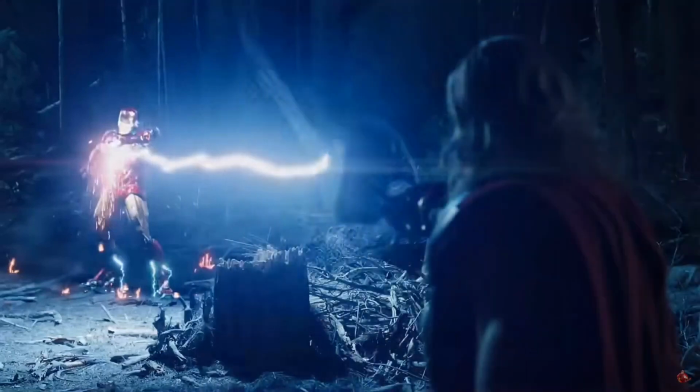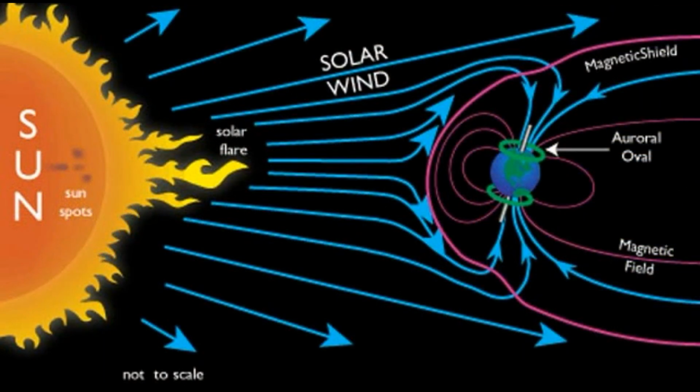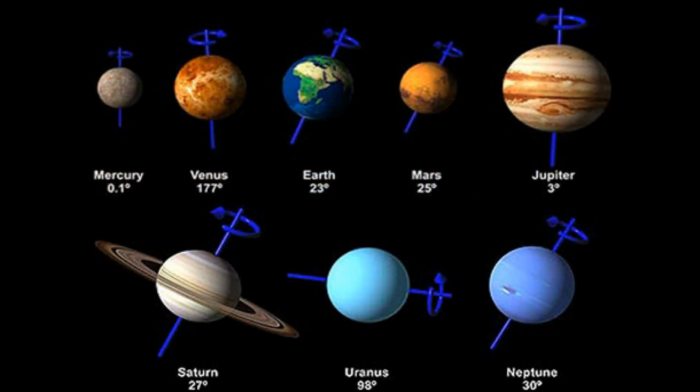You don't need Thor to do it, but that was a good example. And we learned that dynamos are important to protect the planet's gas from being blown away. As we can see here, the sun can also charge the magnetic field, keeping the gas from being blown away. And we learned finally how to predict axial tilt.